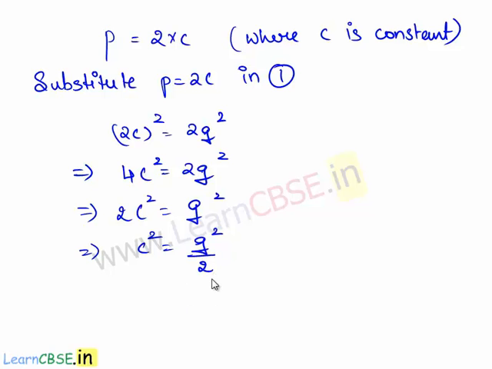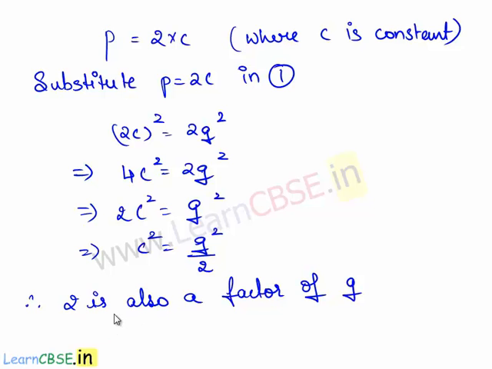From this expression, we see that 2 divides q square, which also implies that 2 divides q. Therefore, 2 is also a factor of q.